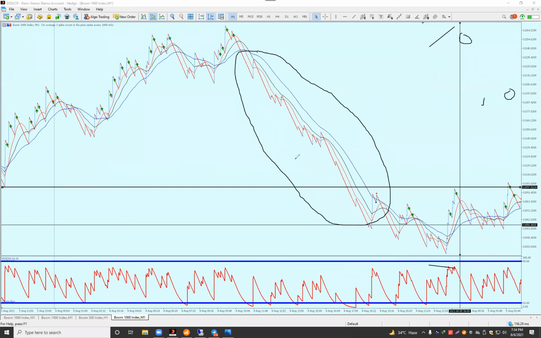That's why I did not mention any down arrows. Because if I mention the down arrows, definitely you will sell, because you will say this is the indicator, so I can sell. That's why there is no sell arrow in the boom. I'm not recommending anyone to sell in the boom.